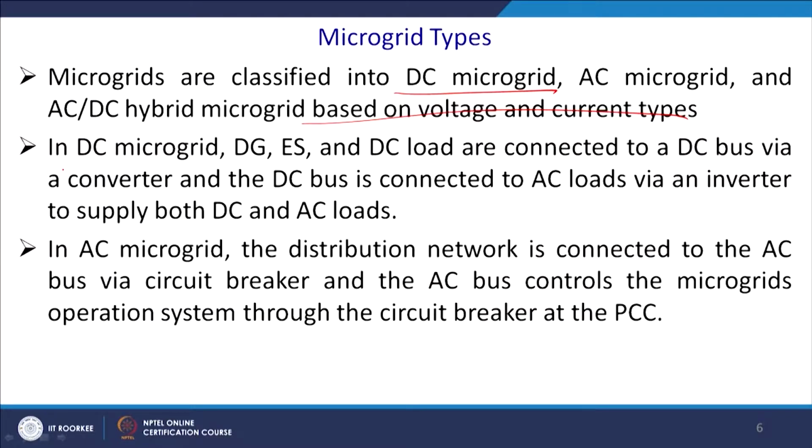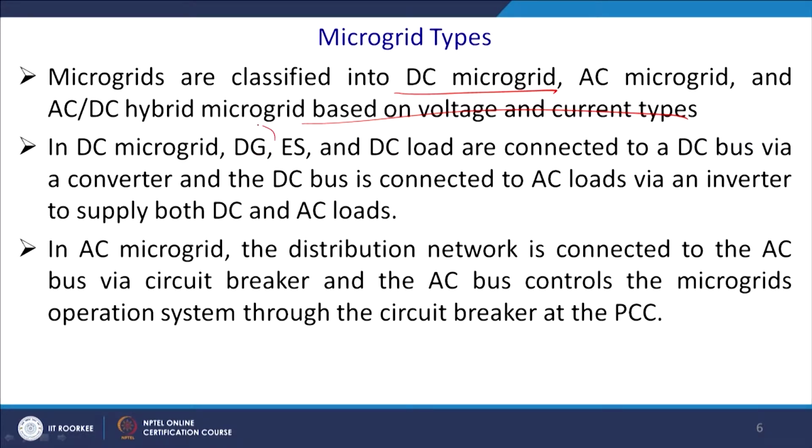For this reason, in the first few lectures you will find we were discussing all these three types of microgrids, because DC microgrid sometimes exists as a hybrid microgrid. So while you are studying a DC microgrid, we require to understand its interaction with the other microgrids present in the system.